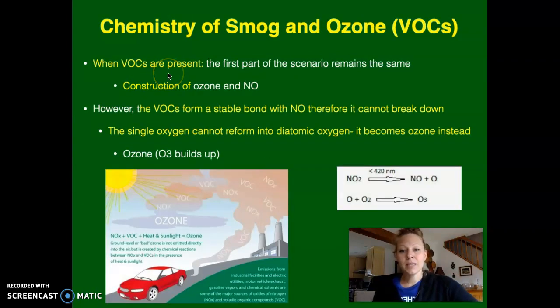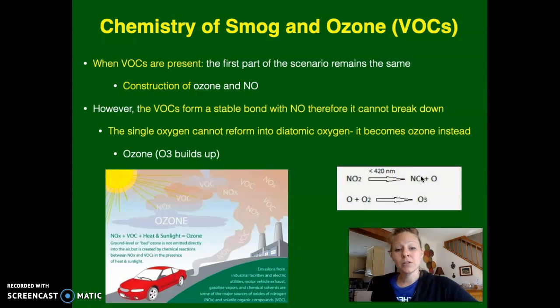And so what happens here is the first part of the construction of ozone occurs. We have nitrogen dioxide, sunlight hits it, it breaks down, and the oxygen attaches to diatomic oxygen, and we have ozone. But when we introduce VOCs, they are going to interact with this nitrogen monoxide and form stable bonds.